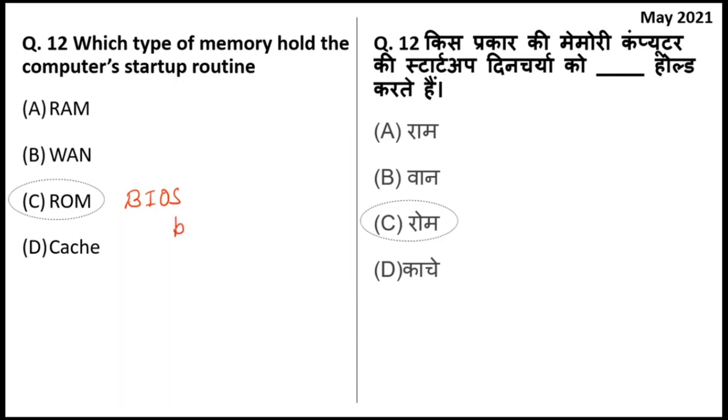So it has all the information about booting. Booting means when you click the power button of the computer and when the desktop appears on the screen, the time frame that happens between 30 seconds or 1 minute. At that time the booting process is done by the BIOS program, which is inside the ROM. So ROM, read only memory, holds the computer startup information.